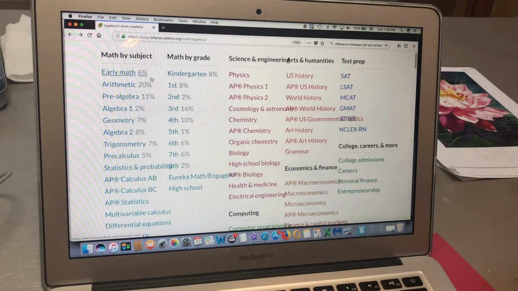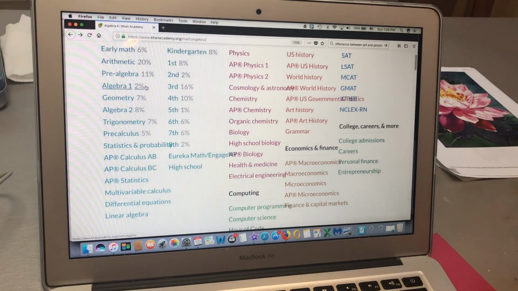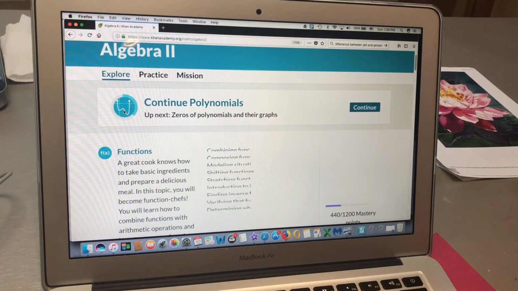In Khan Academy, there is some Algebra 1, so I don't think I will do that. Maybe geometry. We will start from Algebra 2, Trigonometry, Pre-calculus, Statistics, starting from a little bit more interesting ones. And so you can go to, for example, Algebra 1.